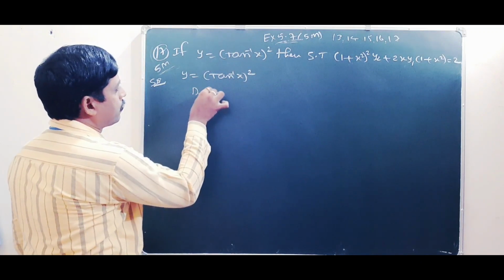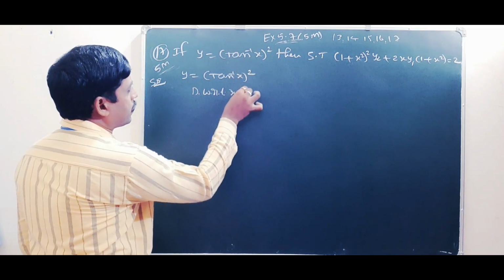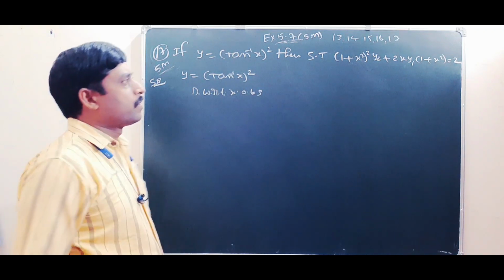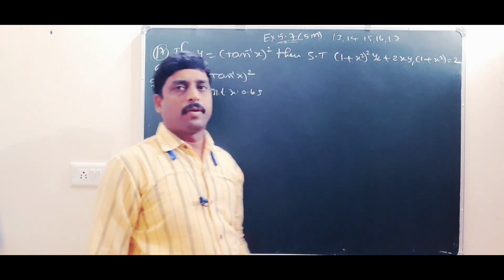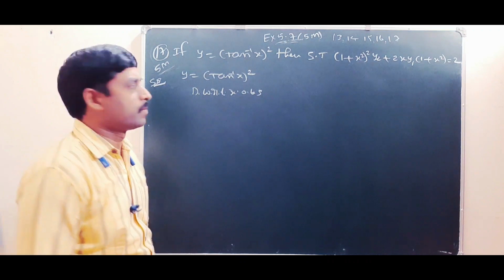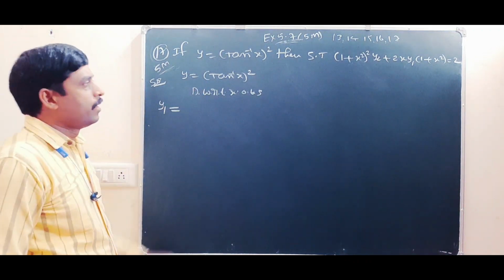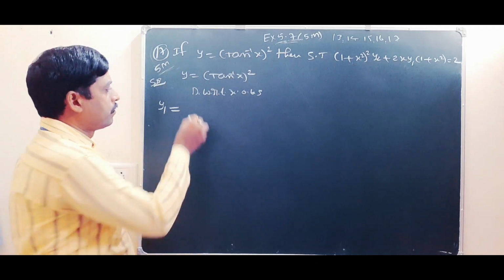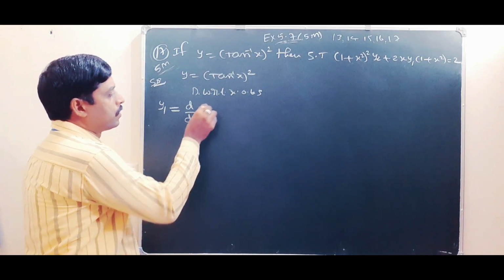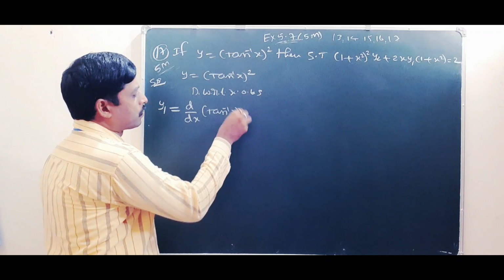Okay. Now differentiation with respect to x on both sides. Our target is y1 and y2. y1 is nothing but dy by dx. The differentiation of y, we get y1. Right side: d by dx of tan inverse x whole square.